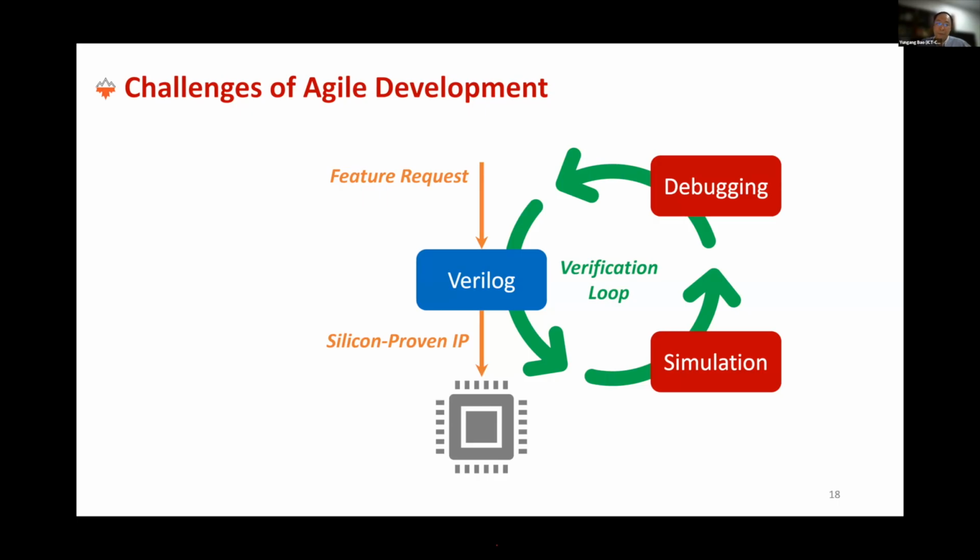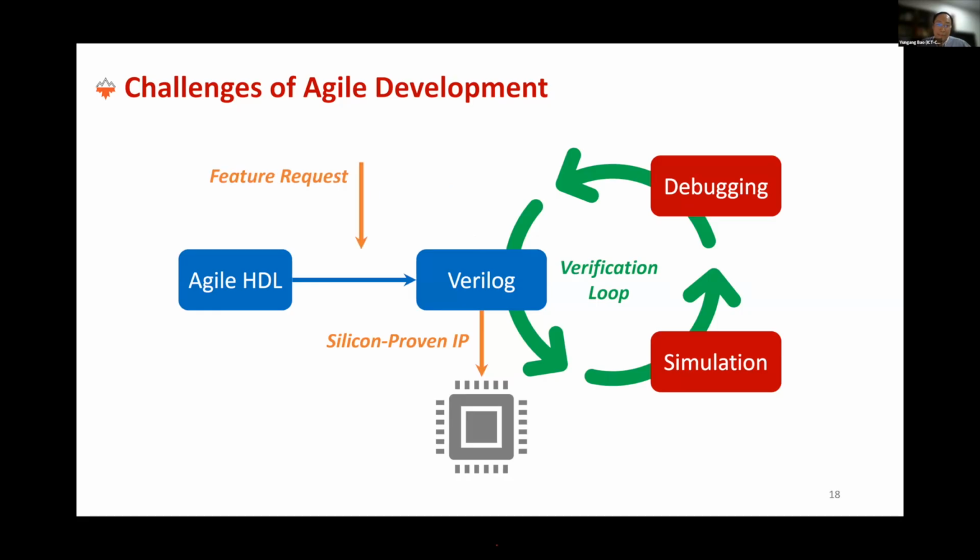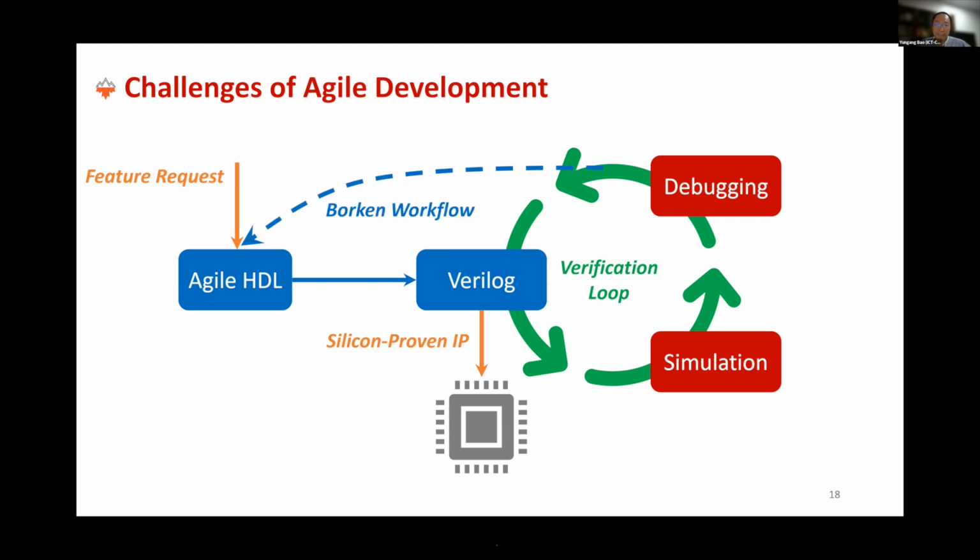But when we use Chisel, the feature is programmed in the Chisel language, but the verification flow is still based on Verilog. So there is a break between the traditional Verilog-based flow and the new hardware language.